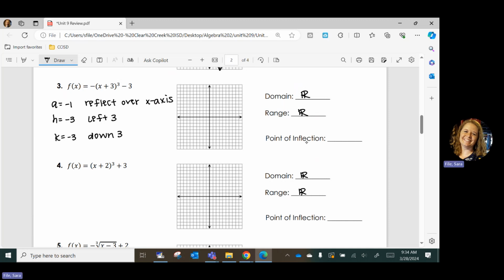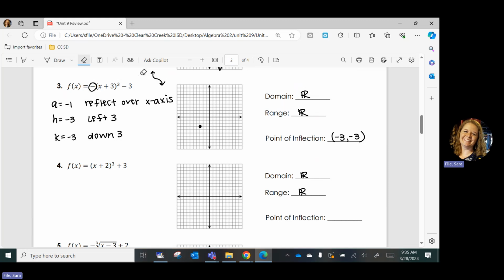So H, K, both -3. So I'm going to start at -3, -3. Now, normally in the cube, we said we go right and up or left and down. Okay, the parent function is this shape. However, because this negative is here, it's reflected, so it's going to be this shape.